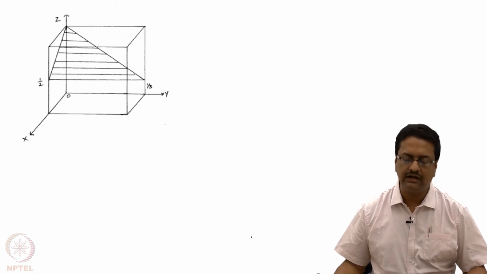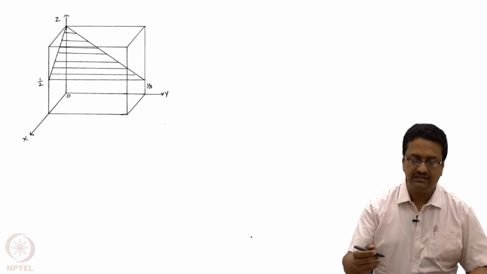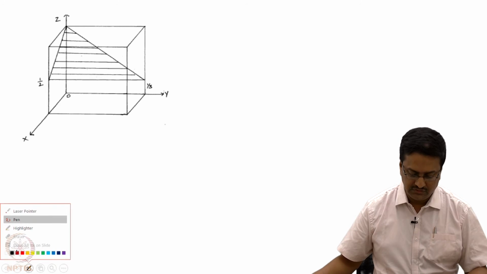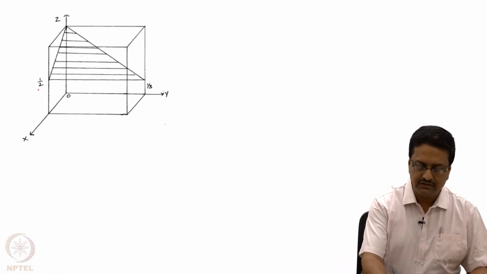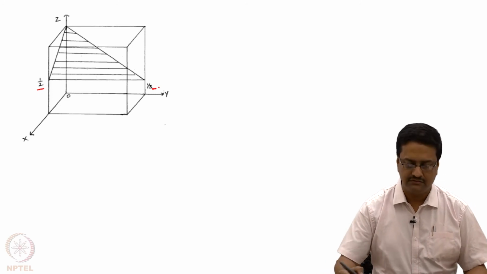Now if we look at this particular plane, what we see here is that the intercepts that are given are both given along z.